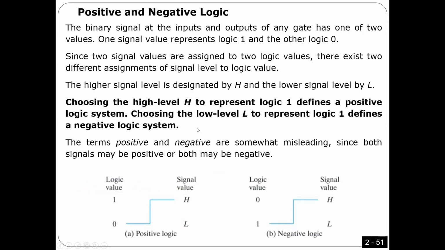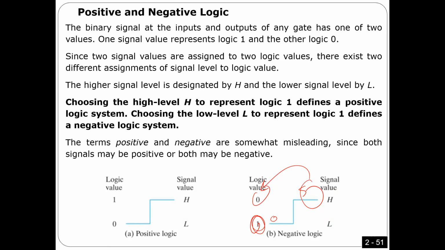As you see here, in the case of negative logic, again we have 0 volt and we have 5 volt. But I'm going to use 0 volt for logic 1, and I'm going to interpret the 5 volt as logic 0. You got what I'm saying?